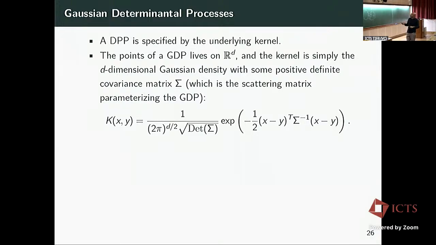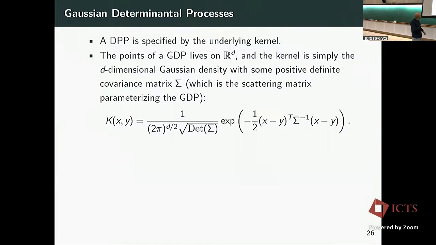So our kernel is going to be the Gaussian density. Of course, it's a bit risky to use the word density here because we are not using the Gaussian density as a density. It's just being used as a kernel function, and it's indexed by this matrix sigma. We do not want to call it a covariance matrix because eventually we will consider a stochastic point pattern which will have its own covariance, which has no relation with this sigma.